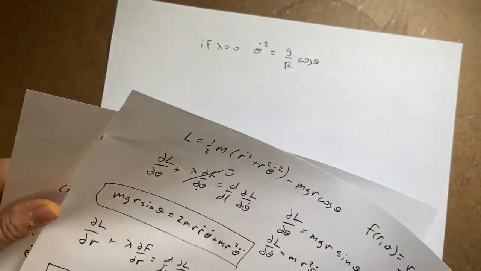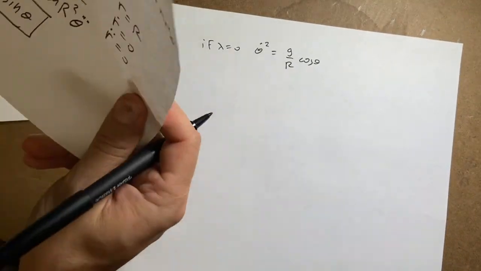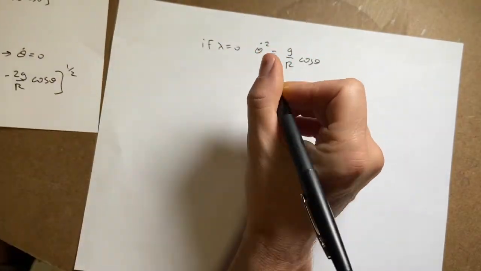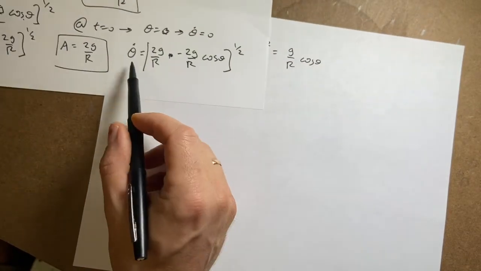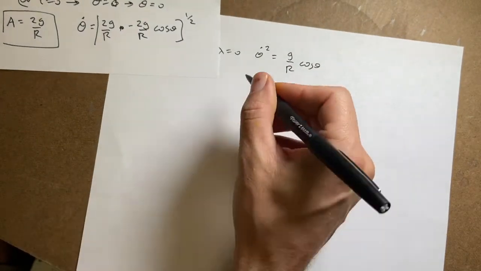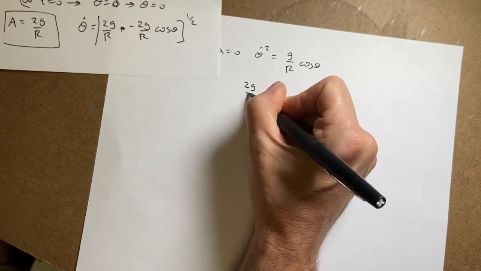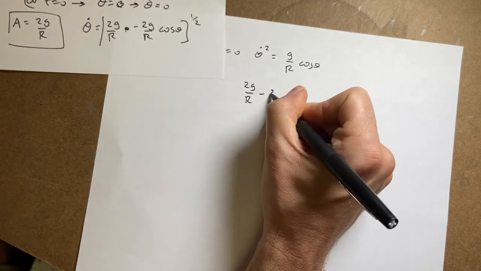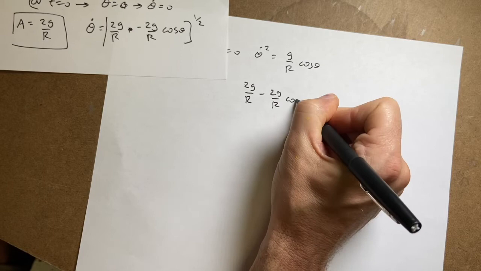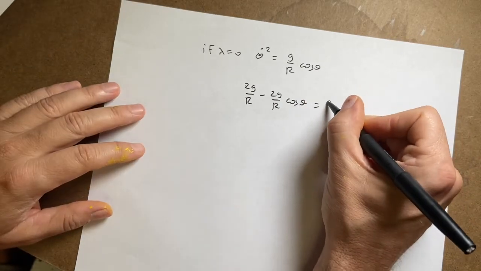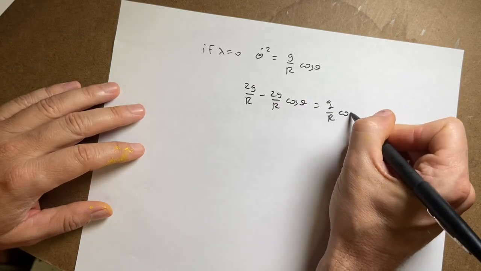Okay, I got it now. So then I just said, here it is. I also said theta dot is this. So if I square that, I get 2g over r minus 2g over r cosine theta equals g over r cosine theta.